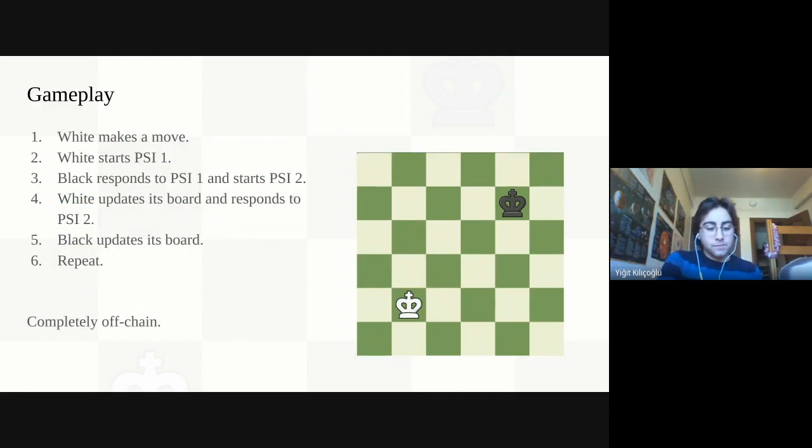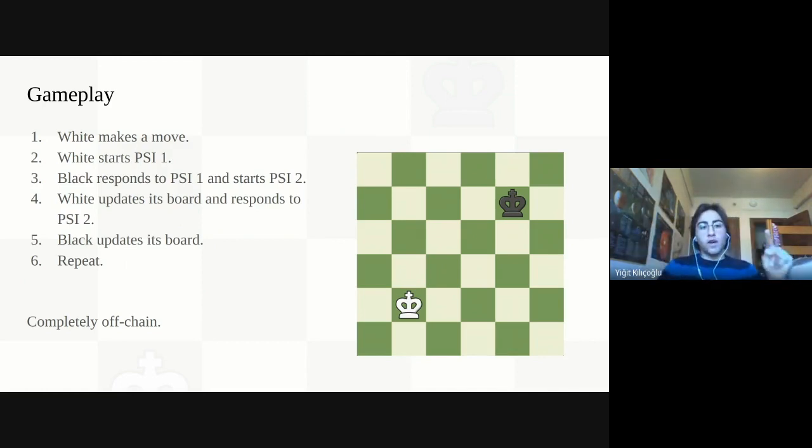And the implementation follows this specific gameplay. White makes a move, white starts PSI 1, and then sends its first set to black. And then black responds to the PSI 1, meaning it exponentiates the values using its own private value. And then with its reply to PSI 1, it starts PSI 2 at the same time for communication efficiency.